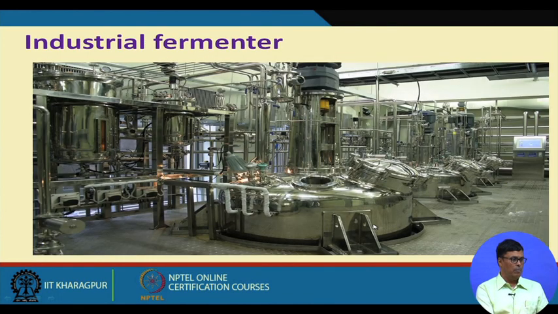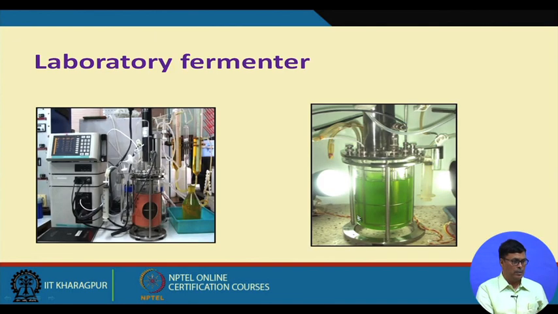Now at the industrial level, the fermenter is like this. This is the big fermenter. You can see this is the eyeglass on this side, and another on the other side. We put some light here so that from the other side we can visualize what is going on in the system. Our lab fermenter is made of glass, so you can easily see from outside what is going on inside.